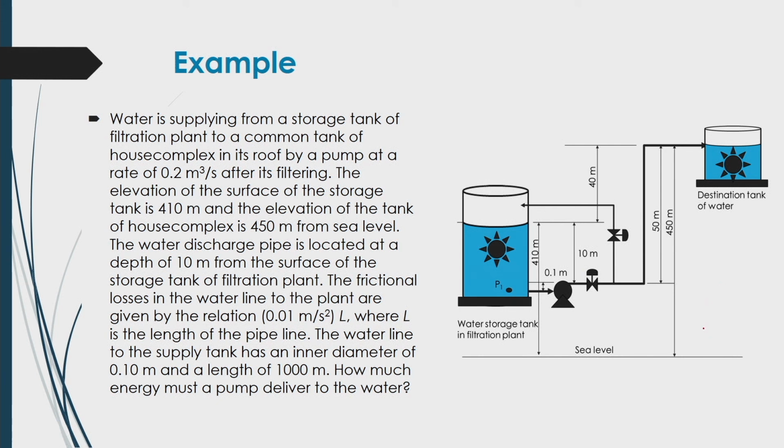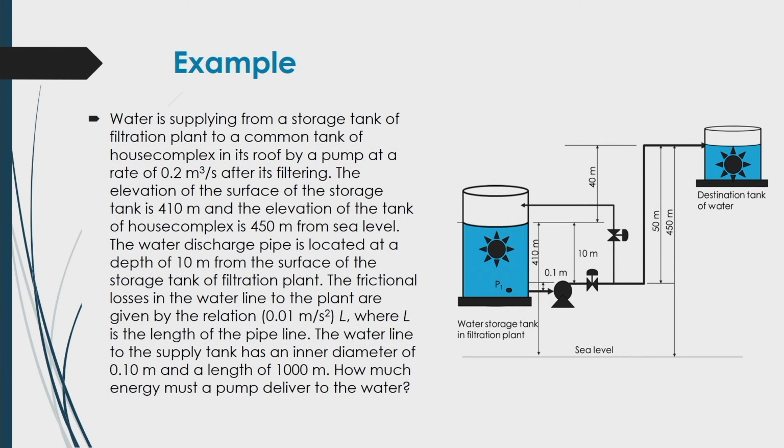The water discharge pipe is located at a depth of 10 meter from the surface of the storage tank of the filtration plant. The frictional losses in the water line are given by the relation 0.01 meter per second square into L, where L is the length of the pipeline. The water line to the supply tank has an inner diameter of 0.1 meter and a length of 1000 meter. Now how much energy must the pump deliver to the water destination tank in the house complex?